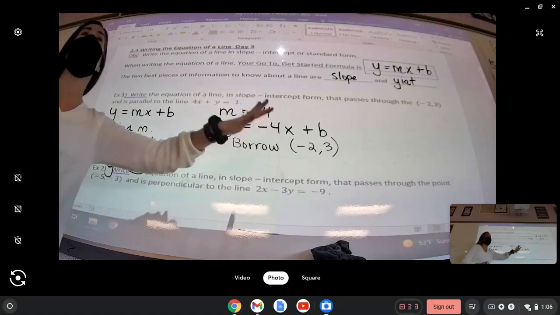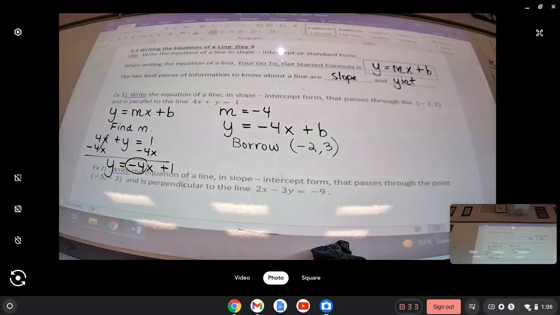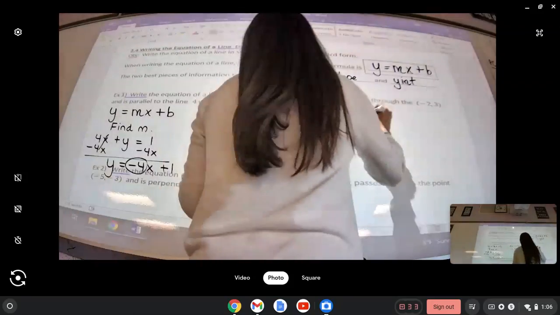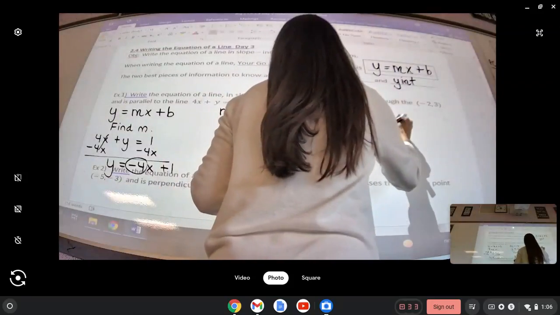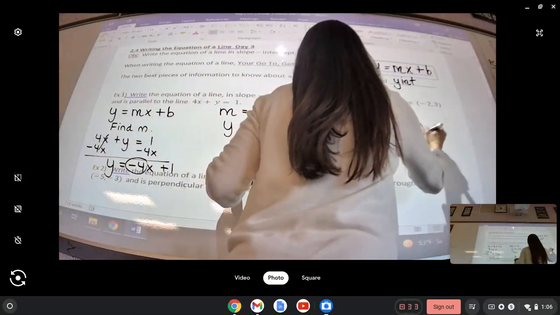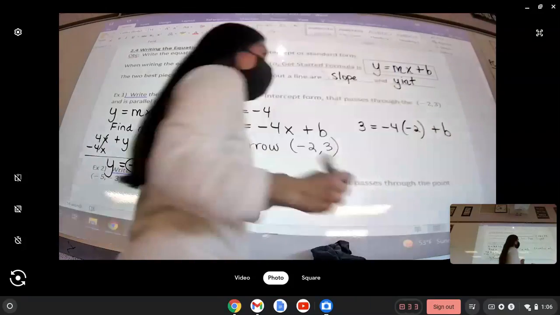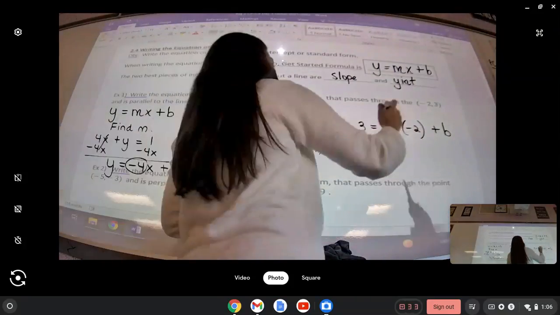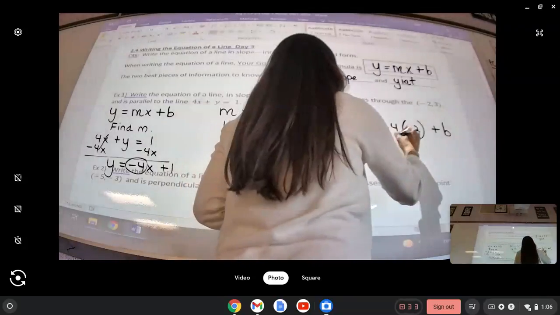And this is as nice as they're ever going to get, because like I said, we're not dealing with fractions here. When slope is a whole number, you have to appreciate those problems. Are we dividing? Did you do this? Yeah. So now clean it up. What's negative 4 times negative 2?